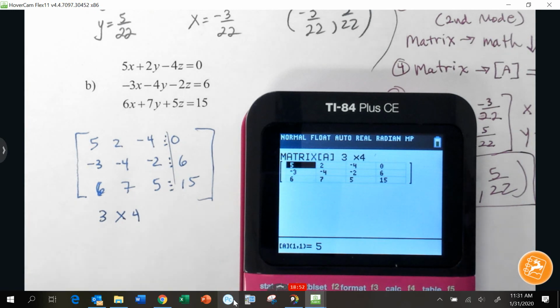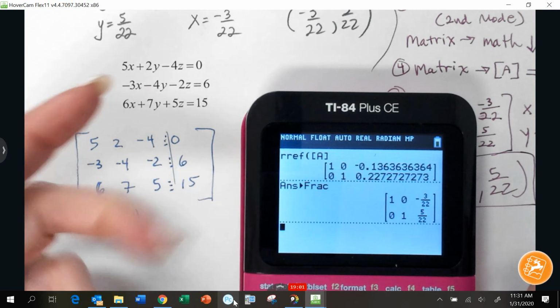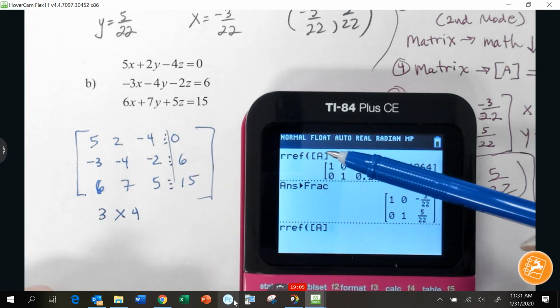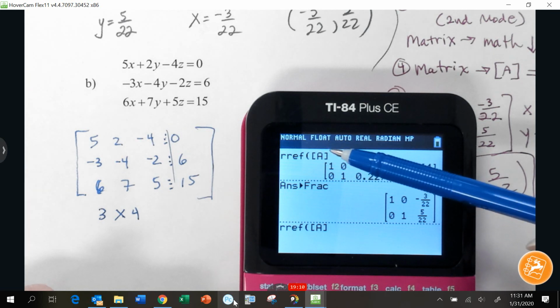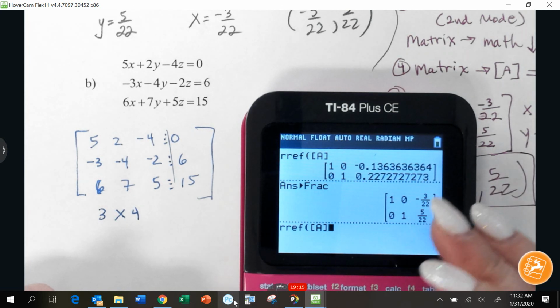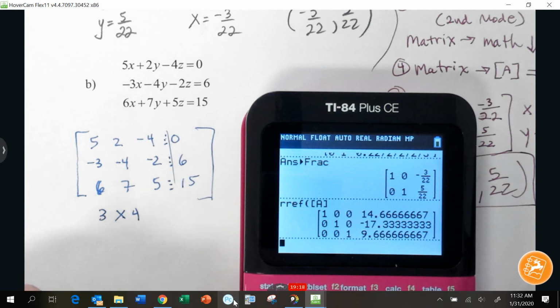Double check, triple check you typed it in correctly. If you're doing a bunch of these in a row, you can just go grab RREF matrix A. It should be nearby. If you're not doing a bunch of them in a row, then follow the steps on how to set it up again. And then math frac, because it's fractions.